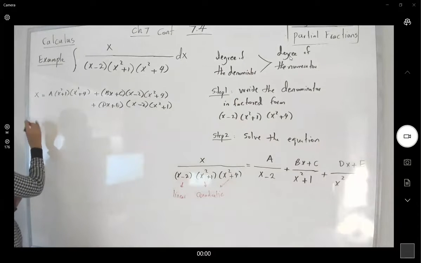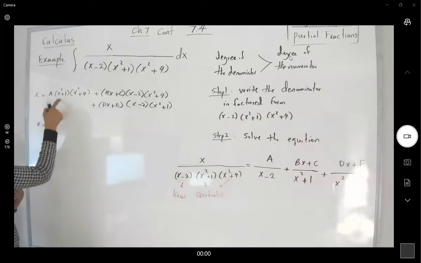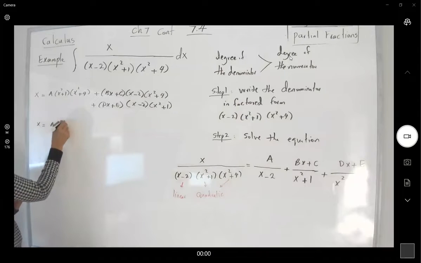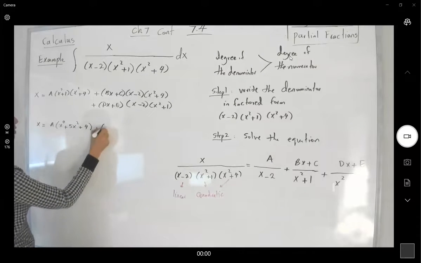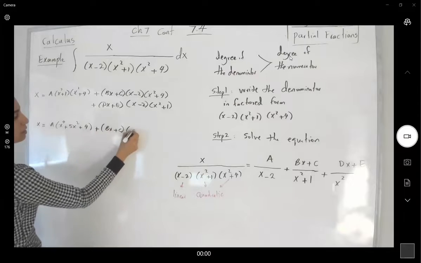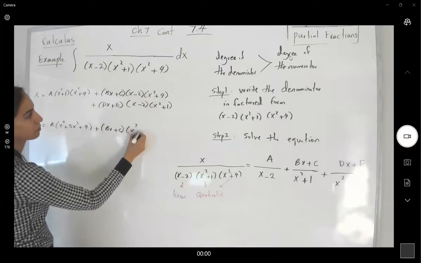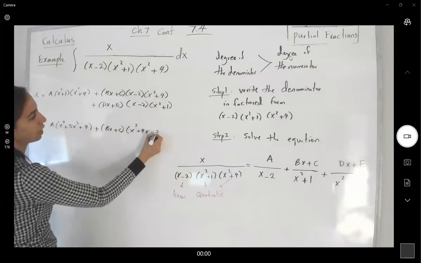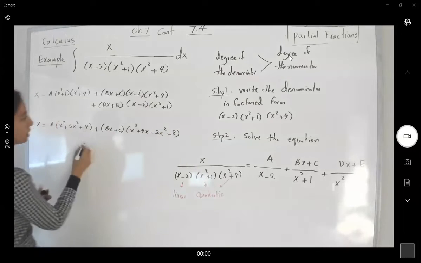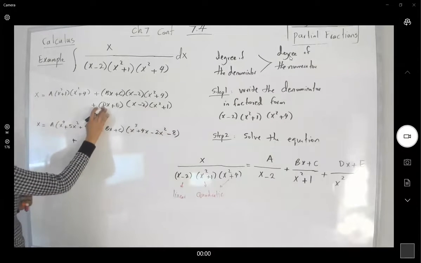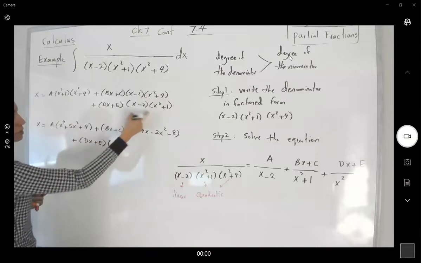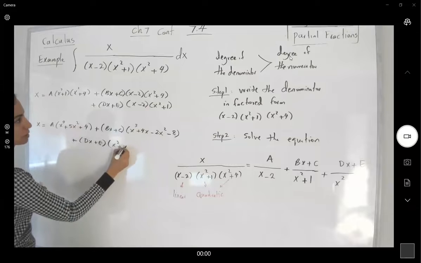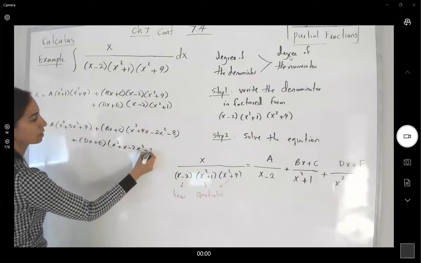So my x is equal to a times x to the 4th plus 5x squared plus 4 plus bx plus c, x to the 3rd plus 4x minus 2x squared minus 8 plus dx plus e times, here you get x cubed plus x minus 2x squared minus 2.